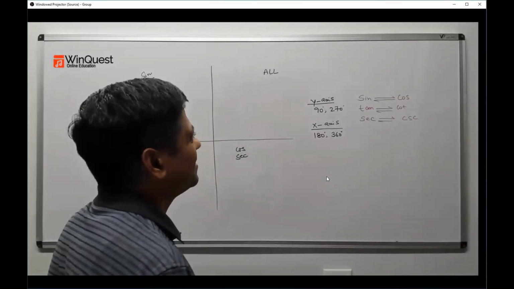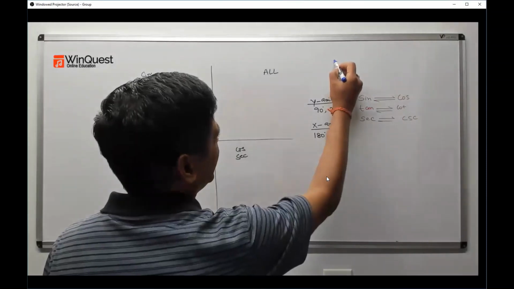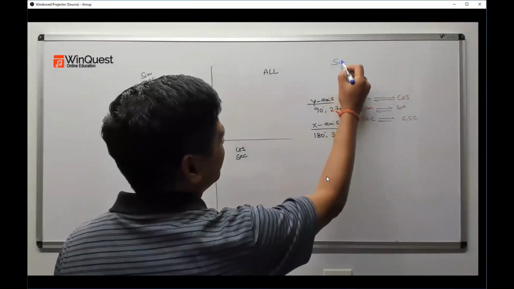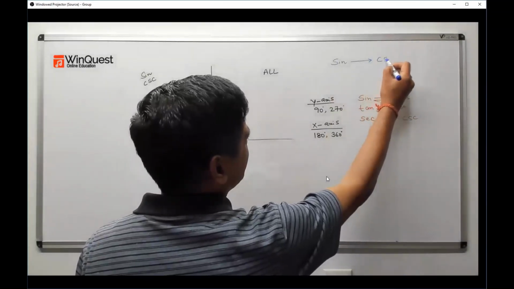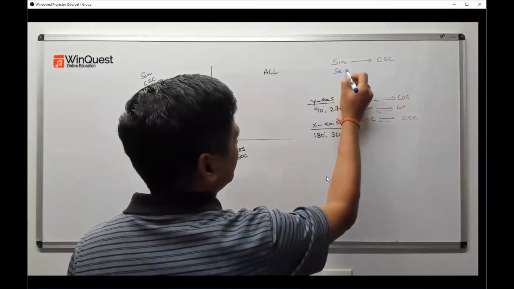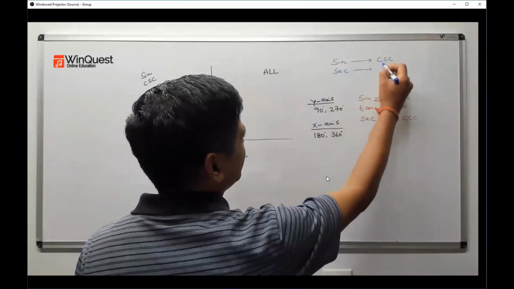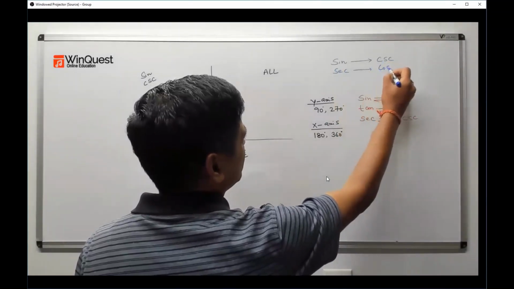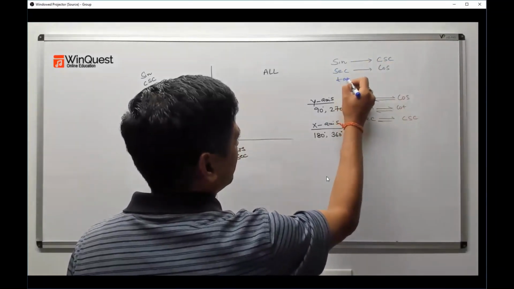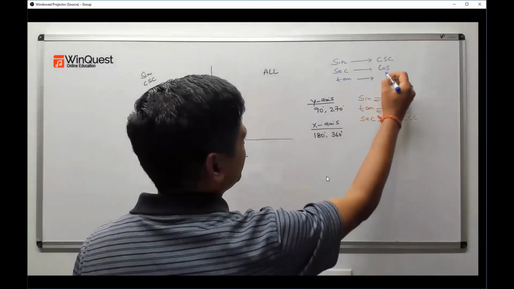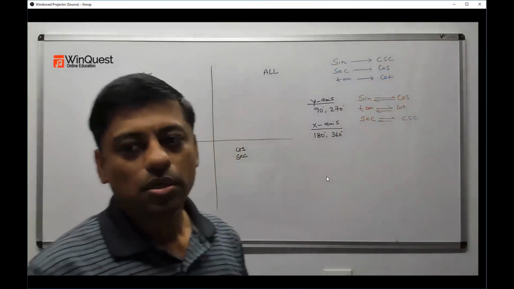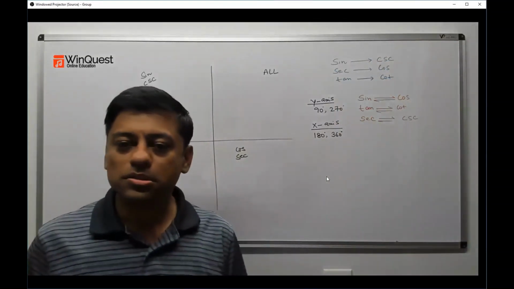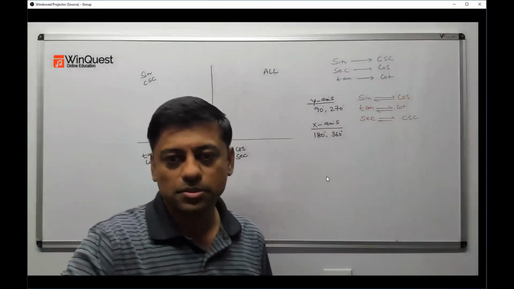Because first of all, sometimes we remember, okay, sine reciprocal is CSC, sec reciprocal is cos, tan reciprocal is cot. Above what you are seeing is the reciprocal functions.